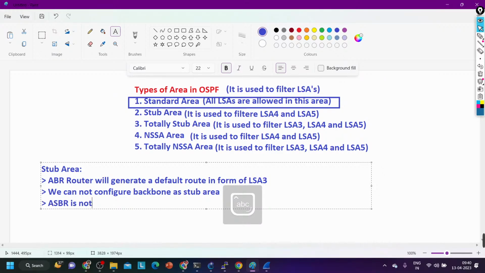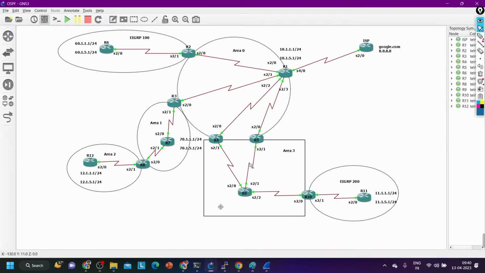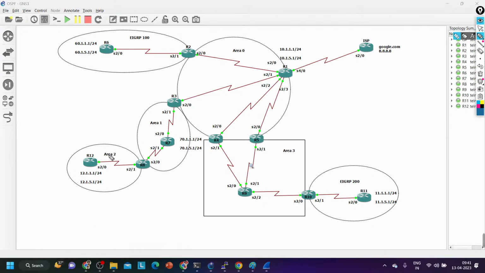What is a virtual link, sir? Okay, you don't know anything about virtual link. See, in the topology, this is my area 2, this is my area 1. So can this router in area 2 receive these prefixes or these prefixes? No, because this router should be what? ABR.